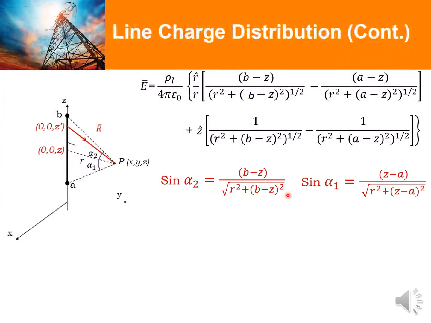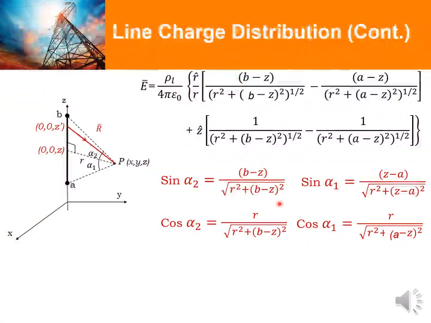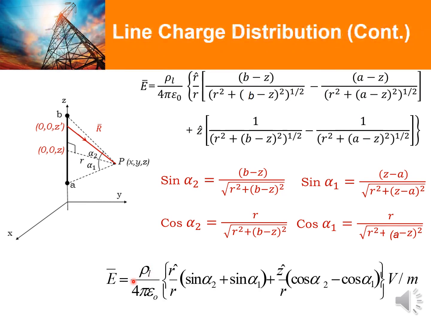Whereas sine of alpha 1 is given as z minus A divided by the length here, which has a value of the square root of r squared plus (z minus A) squared. We can also define cos alpha 2 and cos alpha 1. The descriptions shown for the sine and cosine of alpha 1 and alpha 2 can be applied to this relation, such that we would get the electric field defined by this simpler mathematical relation.